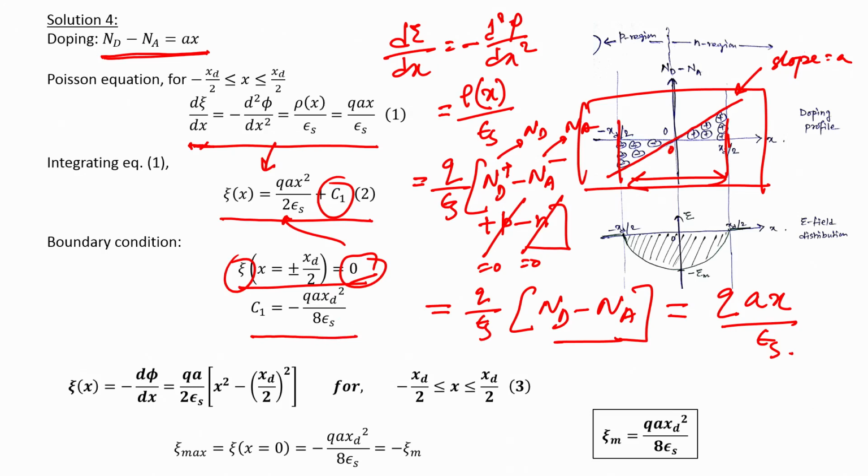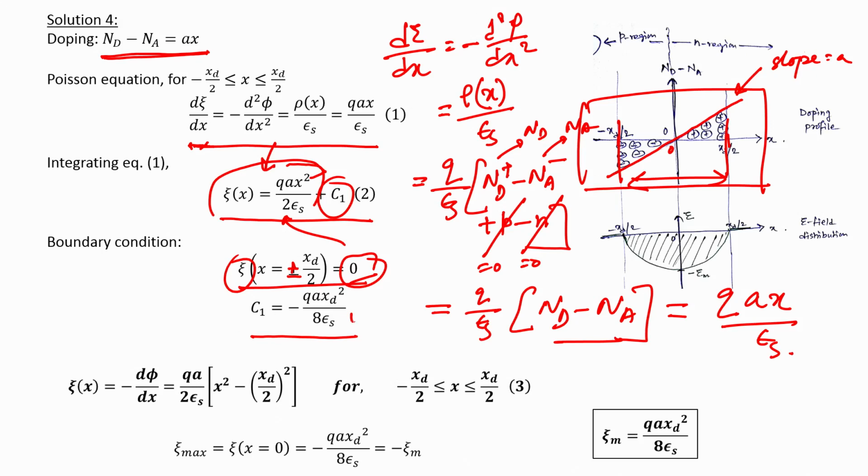Just observe that you get basically two boundary conditions, one at plus and another at minus. Both will give you the same result because of the symmetry, because this is an even function. Because of that symmetry you will get the same value of C1.